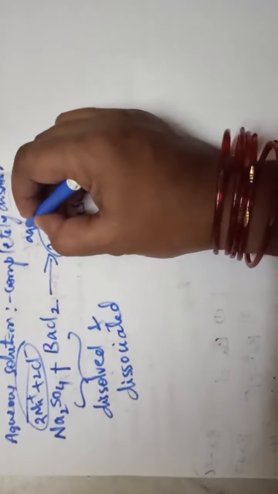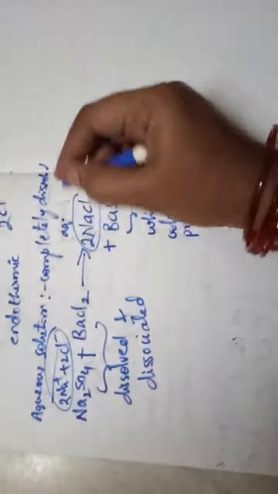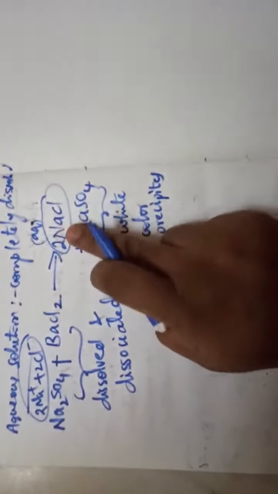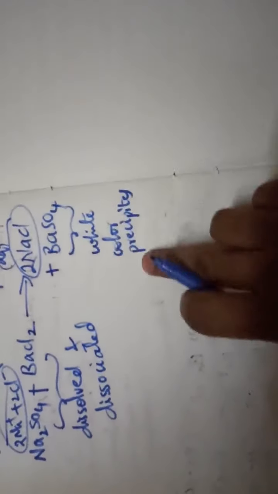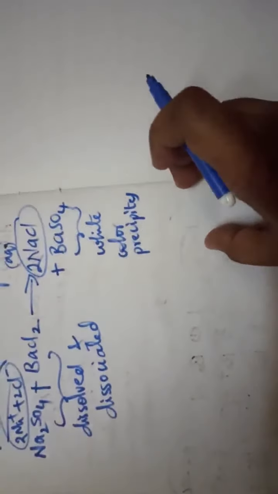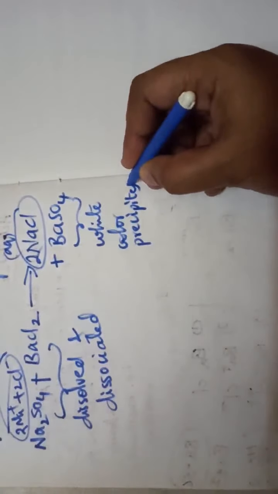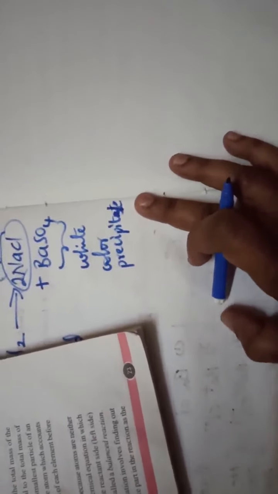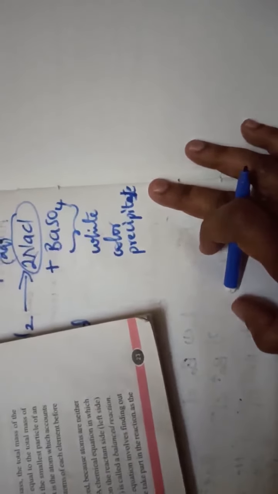So I think you got these points. Aqueous solution means completely dissolved in water, and precipitate means that which does not dissolve in water. So we got two terms, aqueous solution and precipitate, and exothermic and endothermic I explained, children.